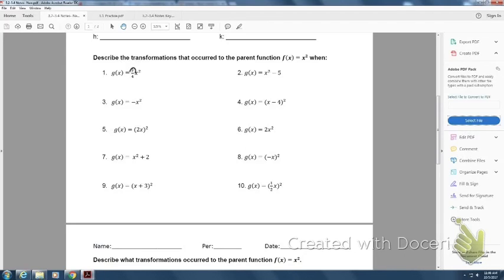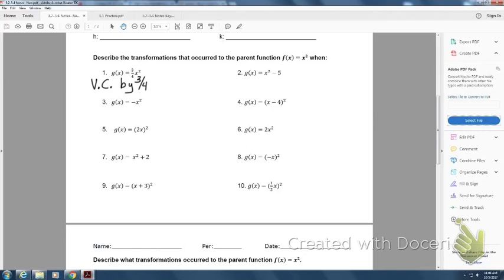Is that 3/4 the A or the B value? An A. And so it would be vertically what? Vertically compressed by 3/4.